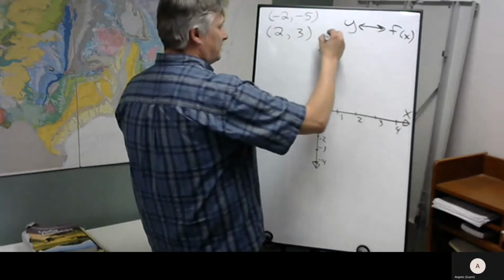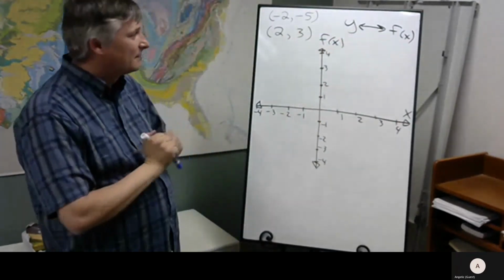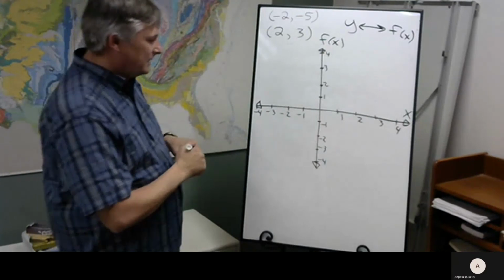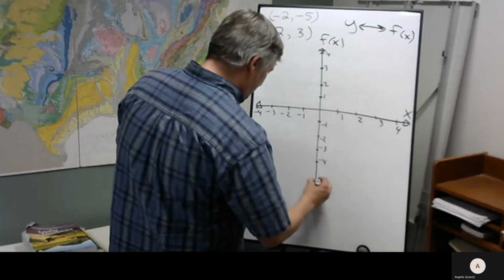They'll sometimes label this, instead of y, as f of x. Oh, and I need to go a little farther here, negative 5.